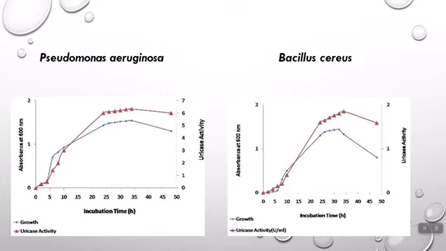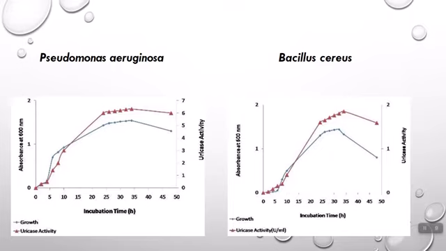The medium was kept in a shaker incubator for 48 hours, and then to analyze the bacterial growth and uricase production, the absorbance was measured by a spectrophotometer at 600 nanometers for different incubation times, including 2, 4, 6, 8, 10, 24, 28, 30, 32, 34, and 48 hours, as can be seen on the current slide.